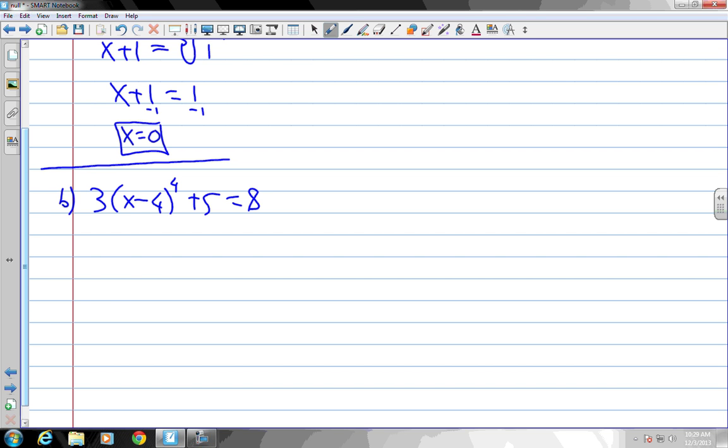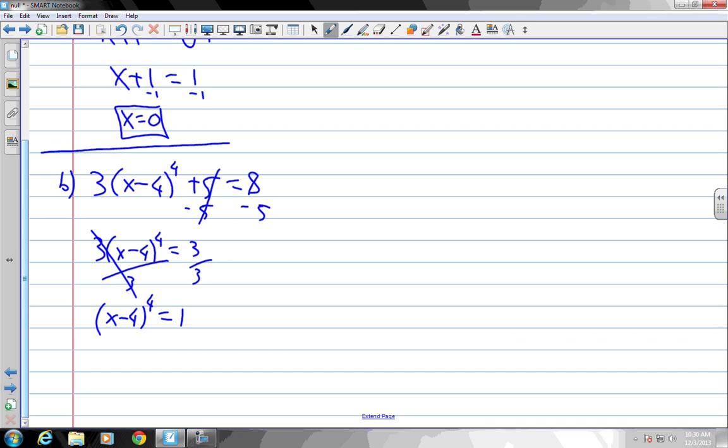Just like with the squares, we would have to subtract 5 and then divide by 3 to get the power term by itself. So before you start taking any roots, first isolate the power term. So 3 times x minus 4 to the power 4 equals 3. And then divide both sides by 3. You get x minus 4 to the power 4 equals 1.